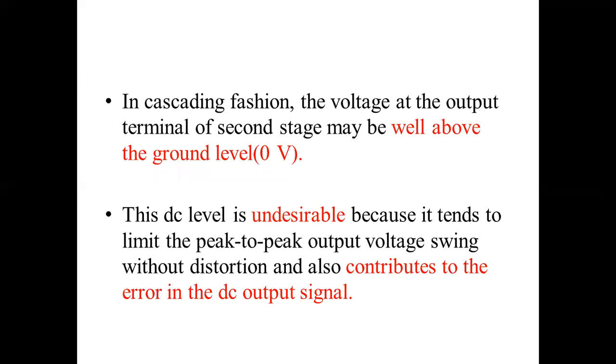Instead of 0 volt, if it is shifted to 2 volt, then the positive output will become 3 volt, and the negative voltage will become -1 volt. So the peak-to-peak output voltage is going to change, and hence it will contribute towards errors in the DC output signal.